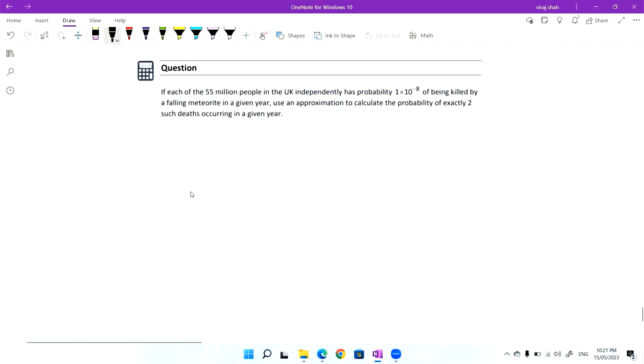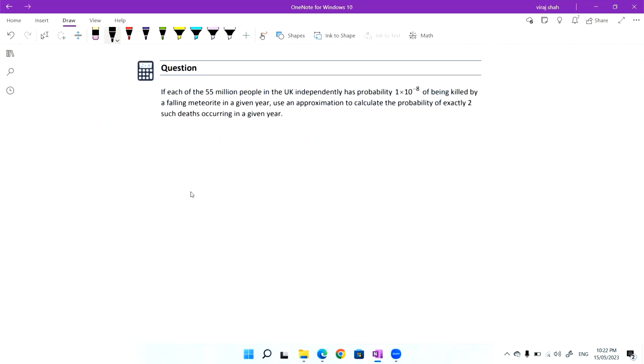So this is the first question I picked out. There are 55 million people in the UK, each independently having a probability of 10 raised to minus 8 of being killed by a falling meteoroid in a given year.